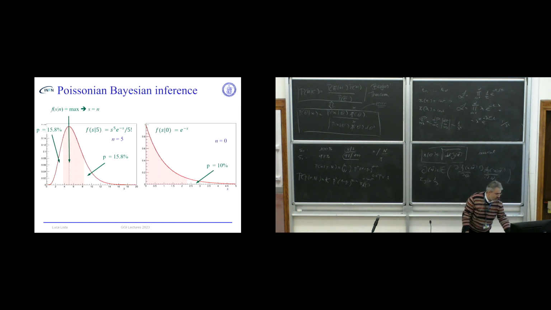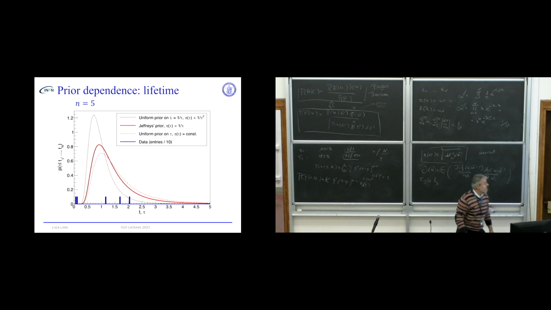What is the posterior you get if you multiply by 1 over lambda square or 1 over lambda? Again, you see the posterior is just a gamma distribution. In the case you have a uniform prior, the maximum value is just tau equal to 1 over n sum over ti.